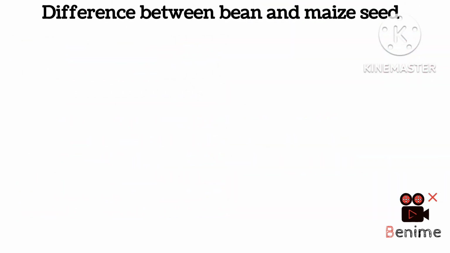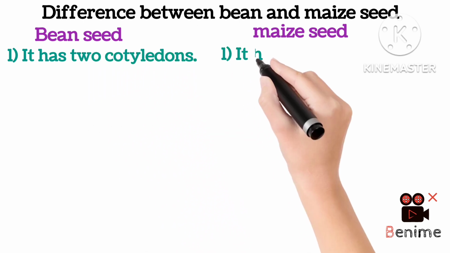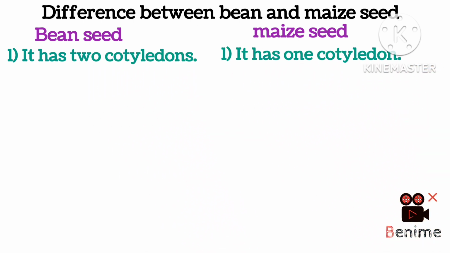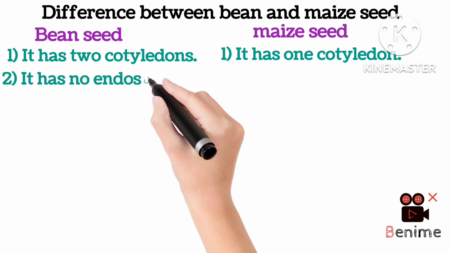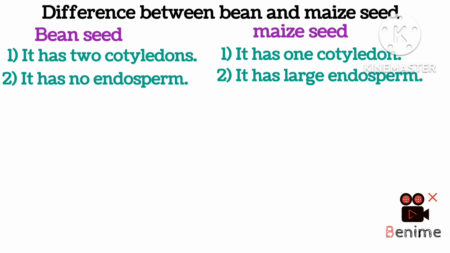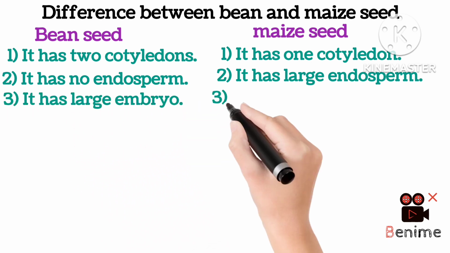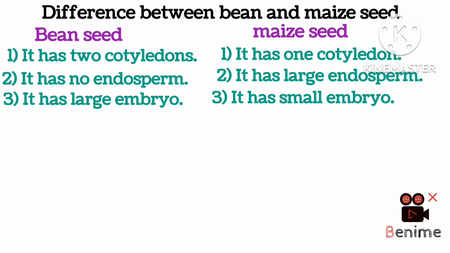Difference between bean and maize seed. In bean seed, it has 2 cotyledons, maize seed has 1 cotyledon. Bean has no endosperm, maize seed has large endosperm. Bean seed has large embryo, maize seed has small embryo.